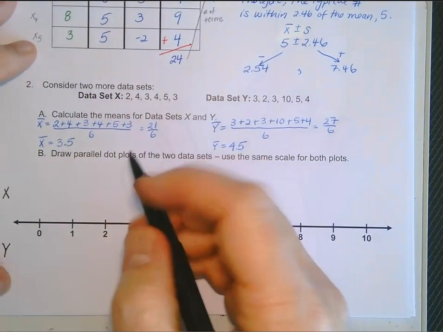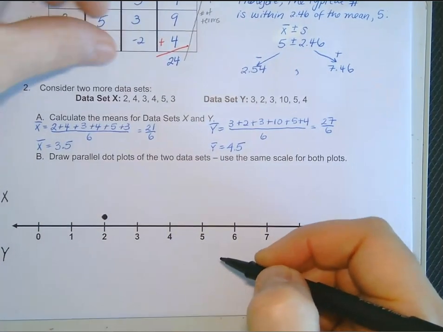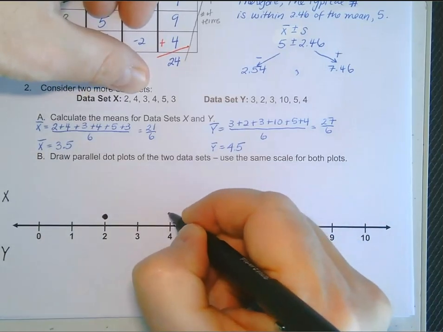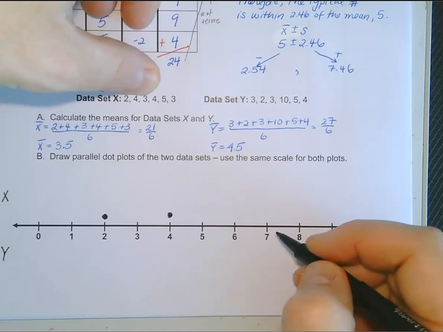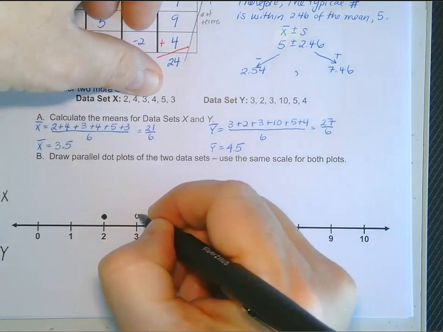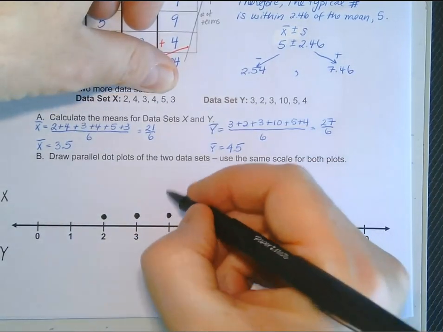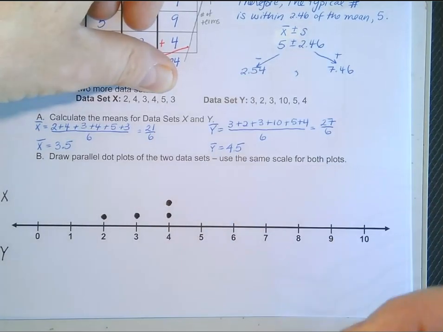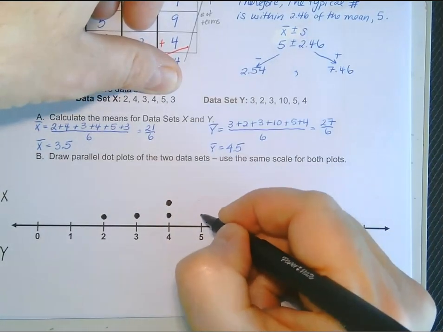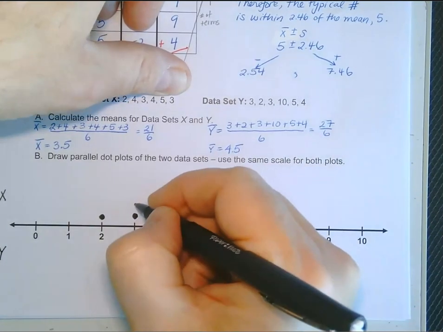For X, you have a 2, so I'll put a dot at 2. And then I have a 4, so I'll put a dot at 4. I'll do a dot at 3. I'll do a second dot at 4. I'll do a dot at 5. And then a dot at 3.